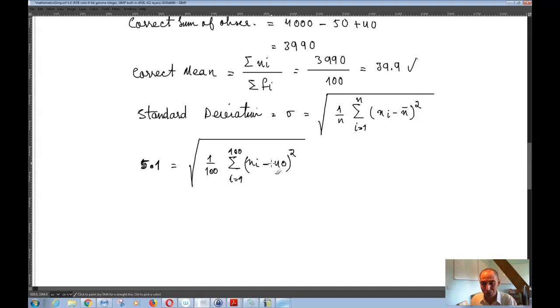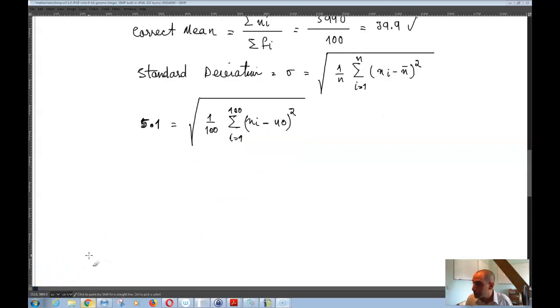Now, about the rest of this, they have used some formula for standard deviation that I do not understand.